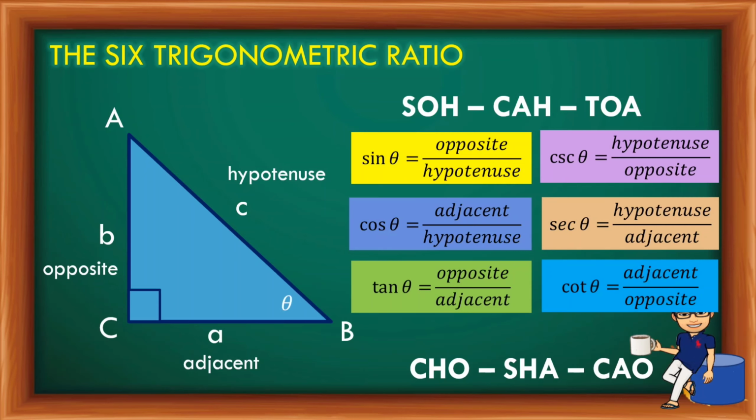Again, just be particular with SOH CAH TOA and CHO SHA CAW for us to easily remember the six trigonometric ratios. And knowing about the six trigonometric ratios, let's begin working with the different conditions that we are about to use to solve for the sides and angles of a right triangle.